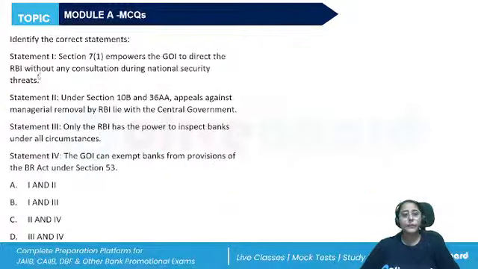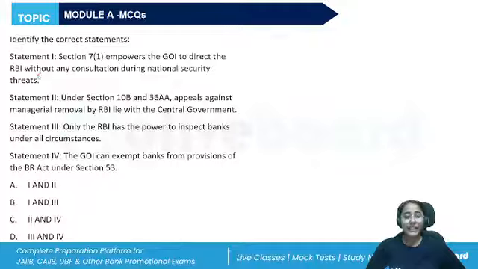Great. Okay. Identify the correct statements. Section 7(1) empowers the Government of India to direct the RBI without any consultation during national security threats. Under Section 10(b) and 36(a), appeals against the managerial removal by RBI lie with the central government. Only the RBI has the power to inspect banks under all circumstances.